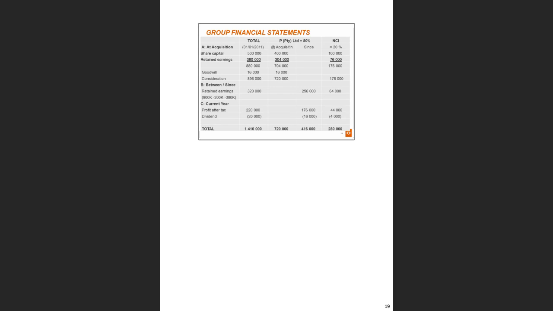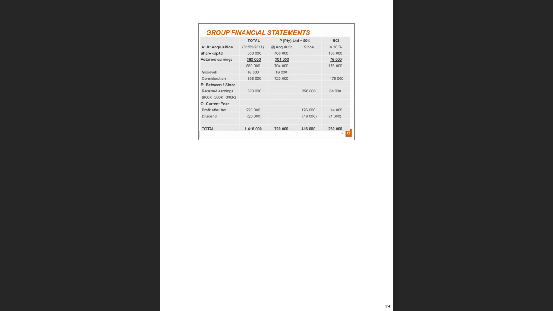Now we need to determine the section B here. So we need to take our total for our post-acquisition profits, and we need to subtract the amount that relates to the current year.